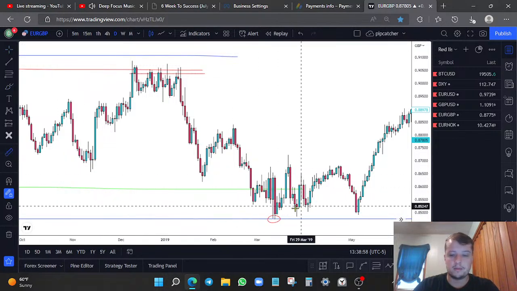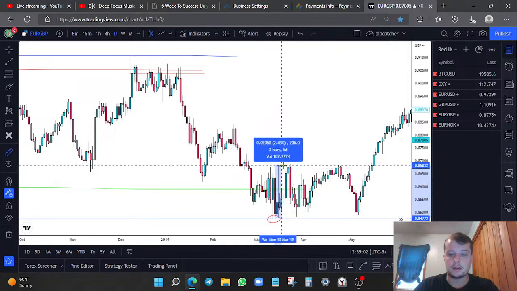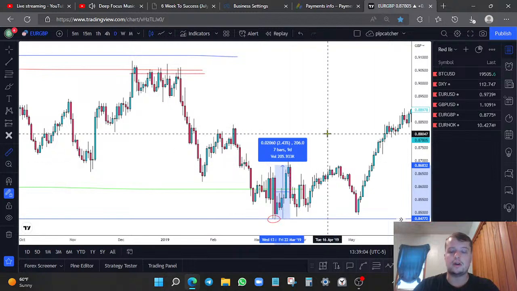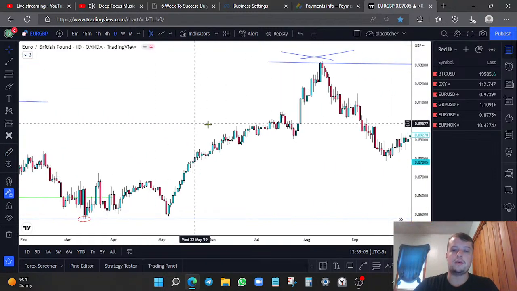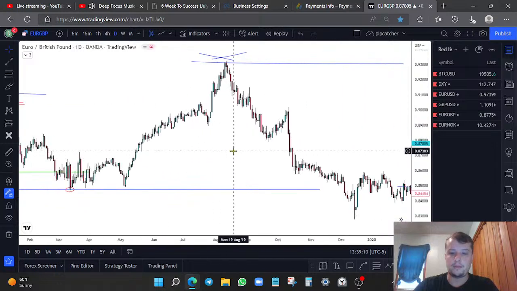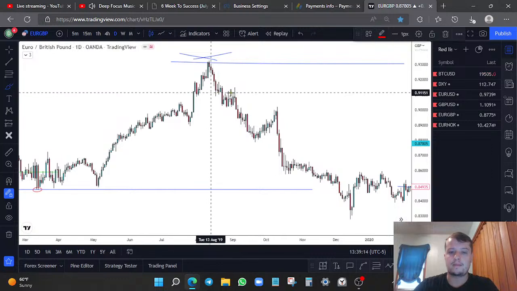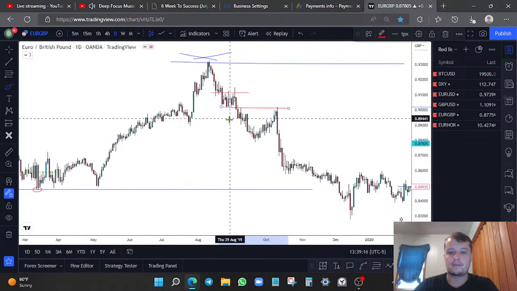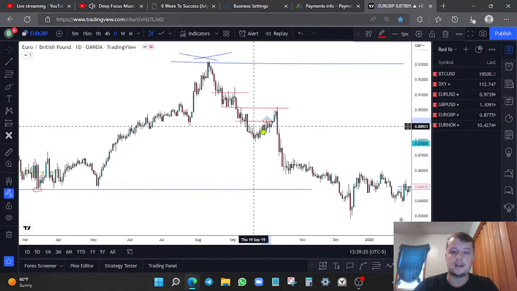Clean, pretty clean. From here, 0 pip drawdown would have taken this to the high, around 200 pips. Very, very clean move. Would have taken a loss there.